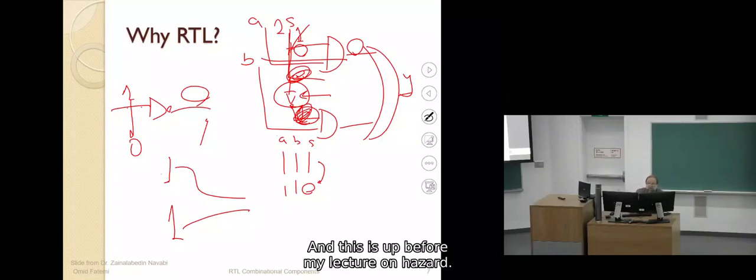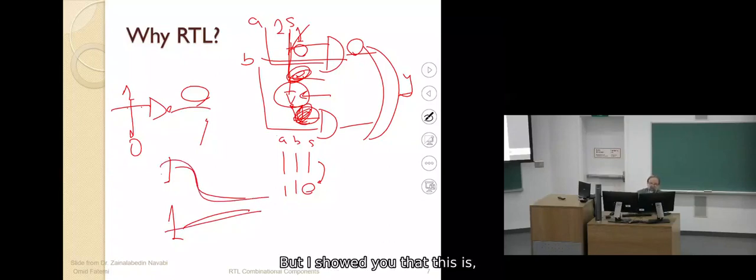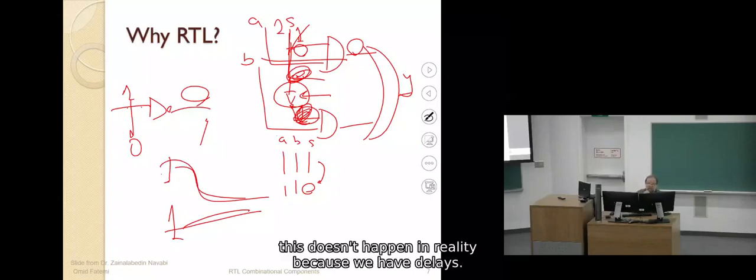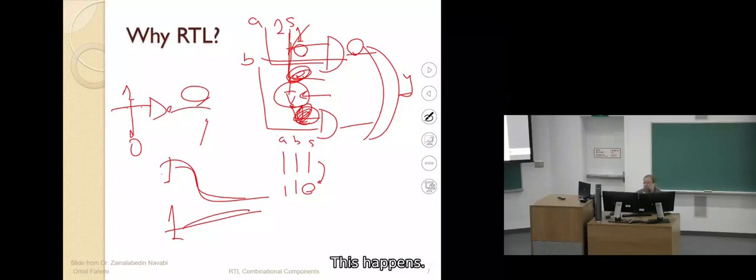And this was before my lecture on hazard. When you saw this circuit, you could say, if S becomes 0, then this goes to output and it is 1. When S is 1, then this goes to output and it is 1. But I showed you that this doesn't happen in reality, because we have delays. We don't have instant gates without any delay. We have delays. Okay? So this happens.